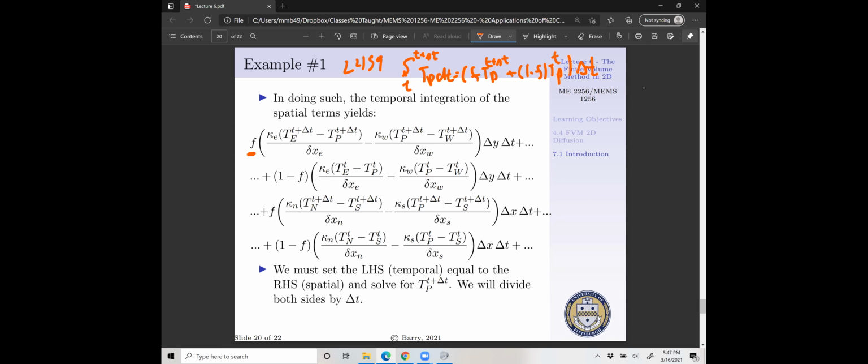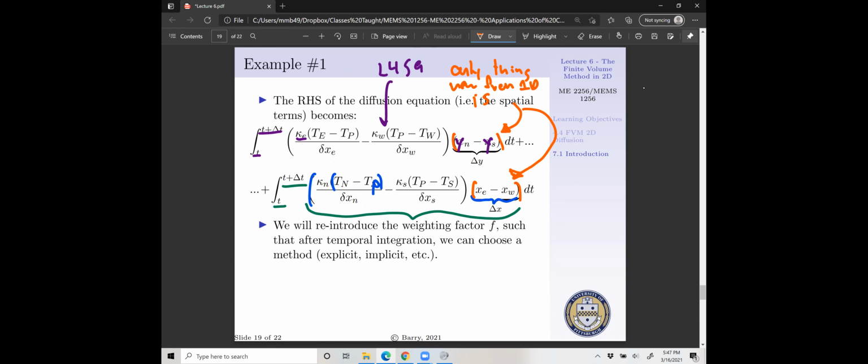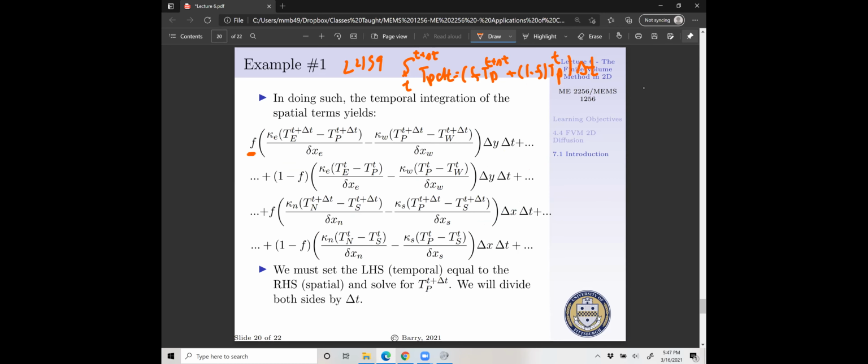So f allows us to take a contribution of our current solution, our previous solution, either or, however you want to do it. So in doing that, all we have to do is apply that formulation. So our first term on the left-hand side here is the integral from t to t plus delta t of everything within this big parentheses times delta y dt. And what this gives us is the following.